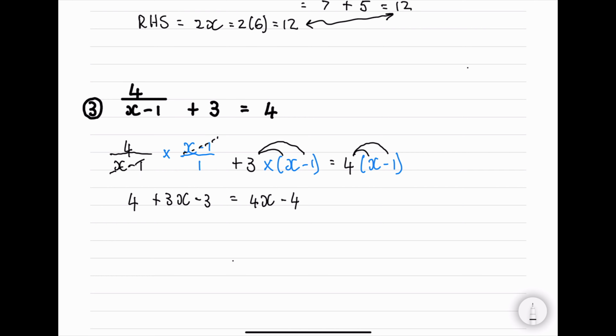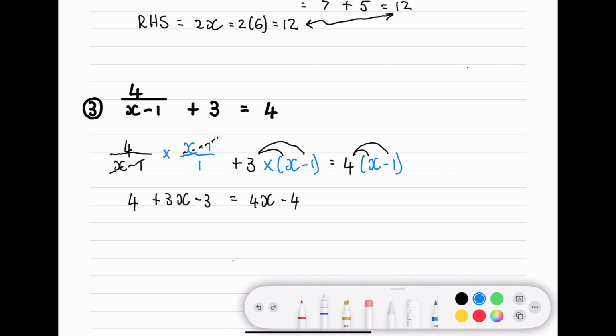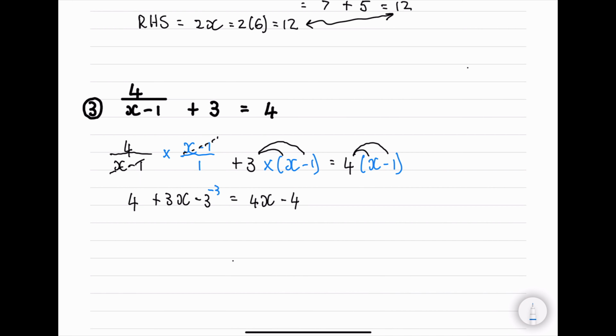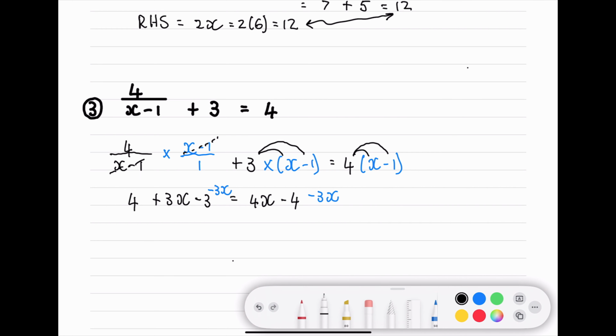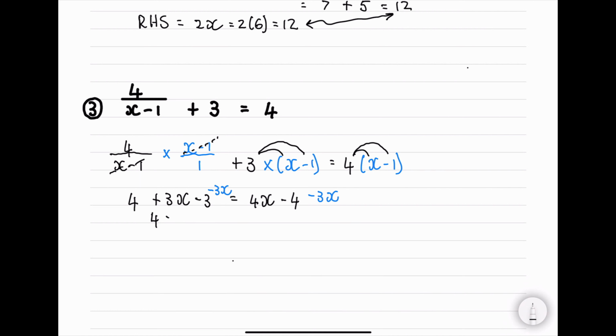So now you do exactly the same thing. You put all of the x's on the one side and all of the numbers on the other side. So I would subtract 3x here, and what you do on the one side, you do on the other side. Then you would be left with 4, negative 3 is equal to 1x, because 4x minus 3x is 1x, negative 4.